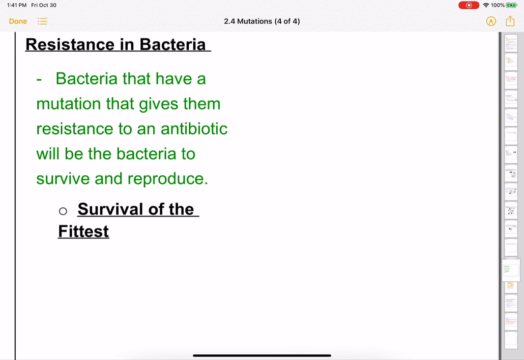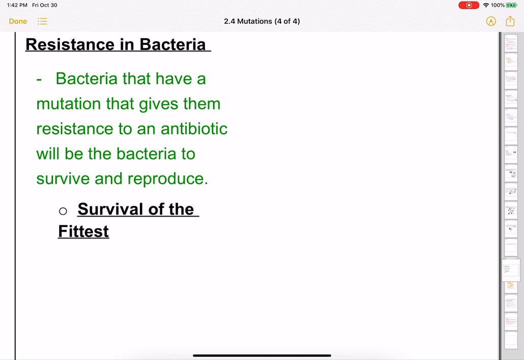So there's resistance in bacteria. Bacteria that have a mutation that gives them resistance to an antibiotic will be the bacteria that survive and reproduce. This is known as survival of the fittest. So this is when your doctor gives you antibiotics and you don't take them, or you don't take all of them. You introduce the antibiotic, and your body is not able to fight it off completely.